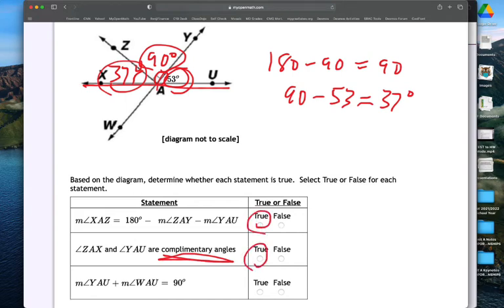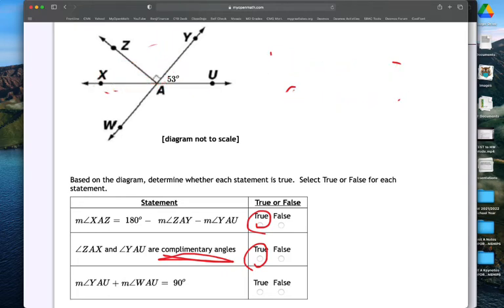And then the last question. Angle YAU, YAU is right here, plus WAU, that's this angle right here. They add up to 90 degrees.